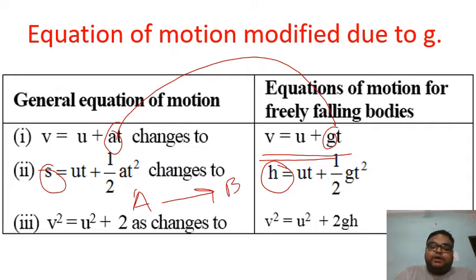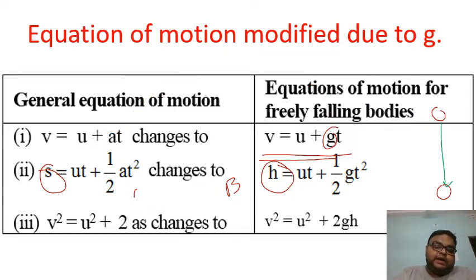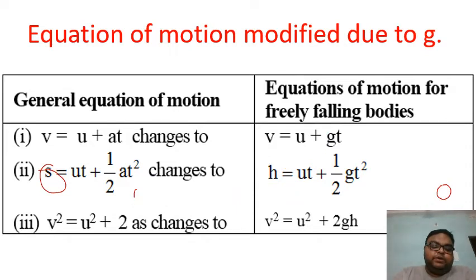But in a freely falling body, a body is at a certain height and it is falling to a lower height. So it is actually covering some height, and that's why the component h is written here. So s equals ut plus half at squared will change to h equals ut plus half gt squared.